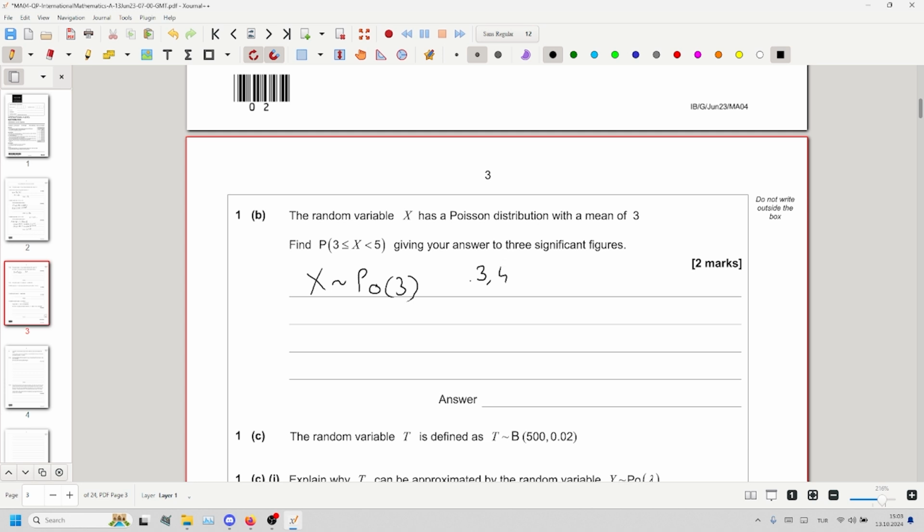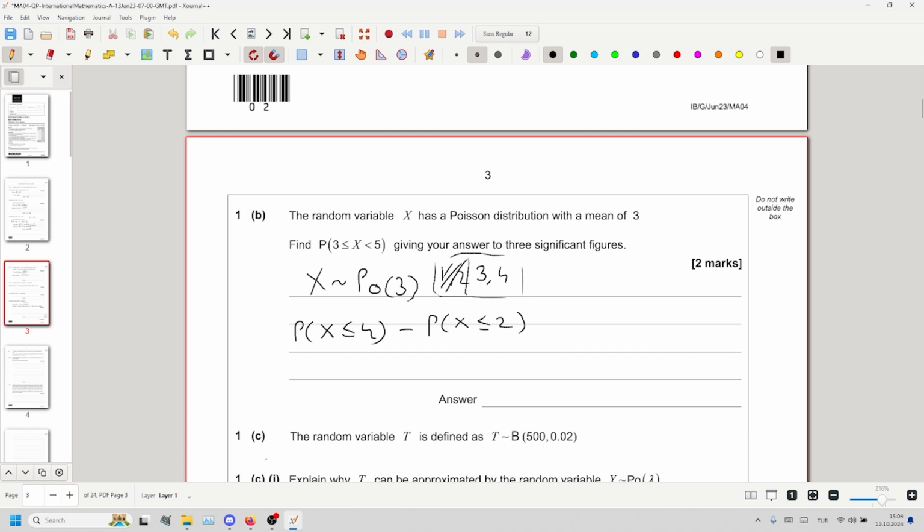For 84 users, what we're going to do is calculate the probability that X is less than or equal to 4, and subtract the probability that X is less than or equal to 2. So we calculated all the sums up to 4, and we are subtracting the sums up to 2 from that.